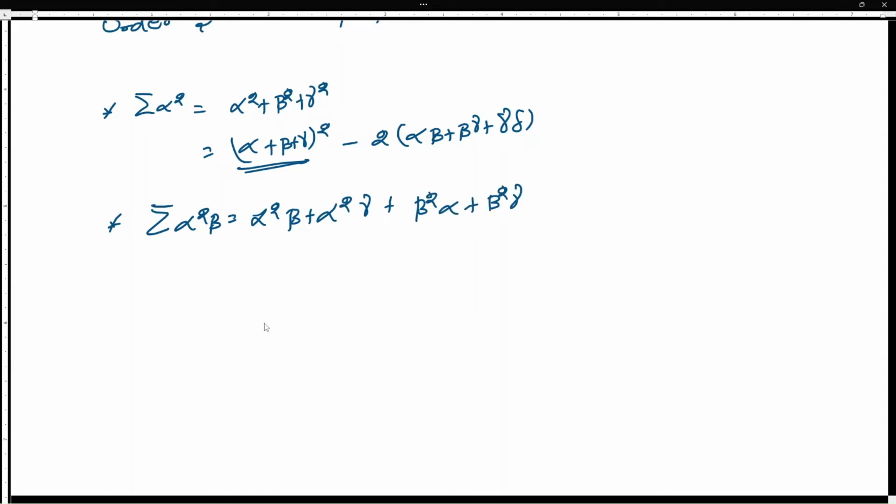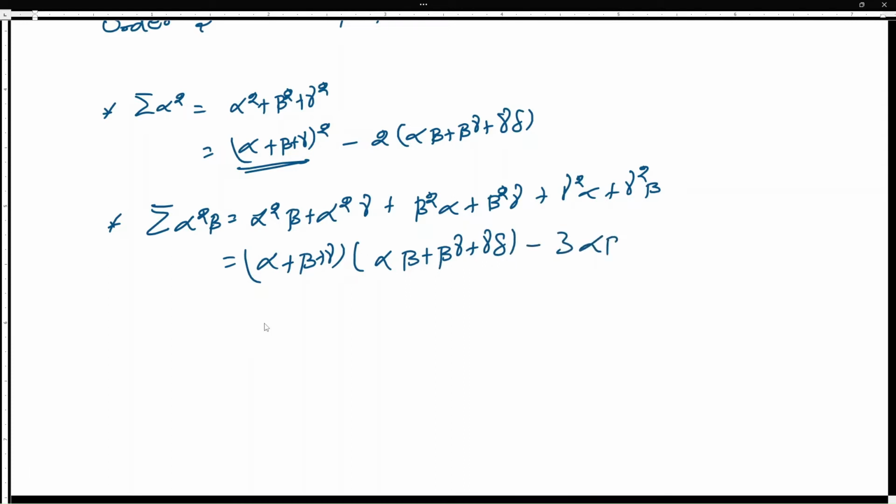Similarly, gamma square into alpha plus gamma square into beta. How to rearrange it? There is a shortcut: alpha plus beta plus gamma into alpha beta plus beta gamma plus gamma alpha minus 3 times alpha beta gamma.